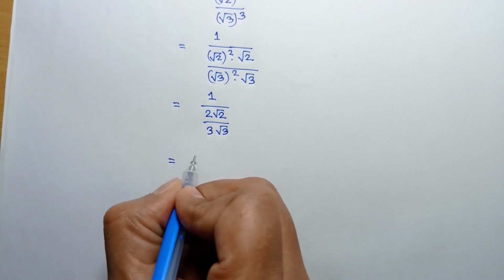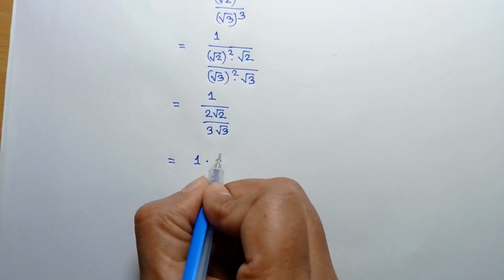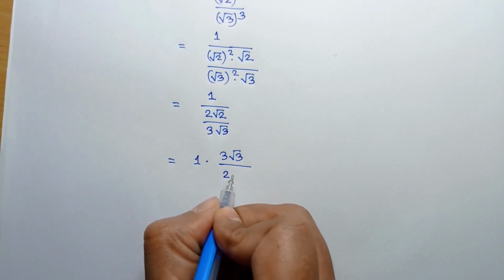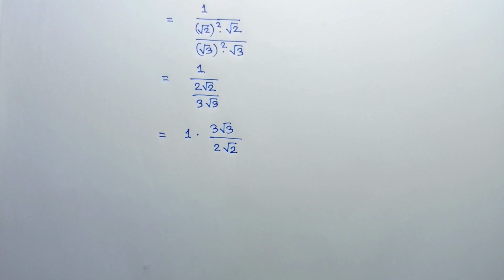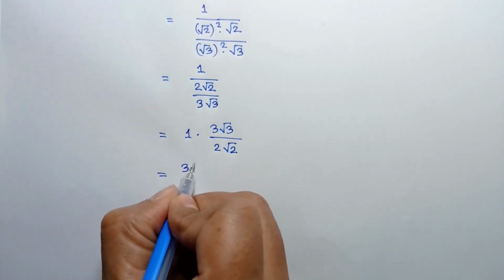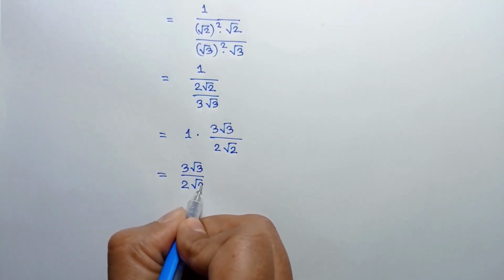This is 1 times 3 square root of 3 over 2 square root of 2, which is 3 square root of 3 over 2 square root of 2.